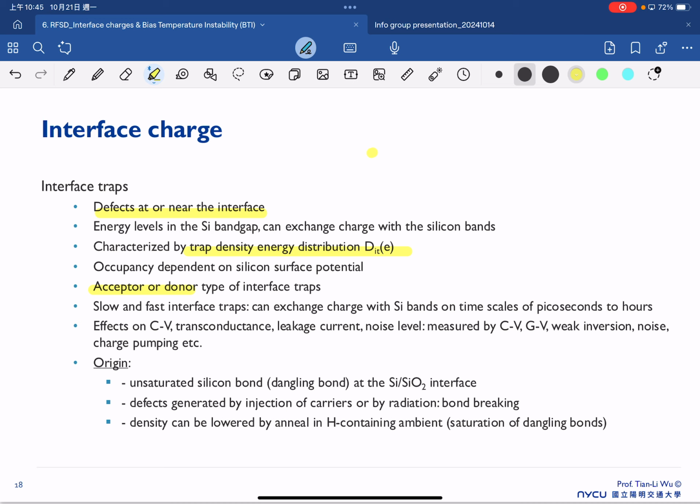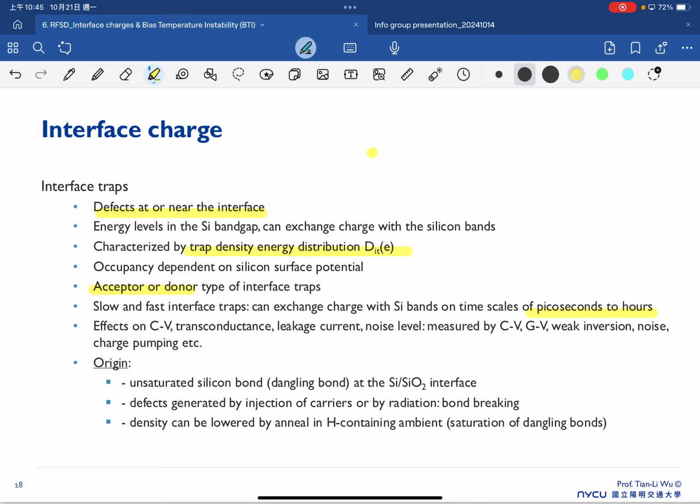It can be slow or fast interface traps, which can exchange charge with the silicon band on time scales from picoseconds to hours. That's pretty important, because later on, fast trapping and detrapping cause a problem for very precise estimation and modeling. So we will talk about this later.